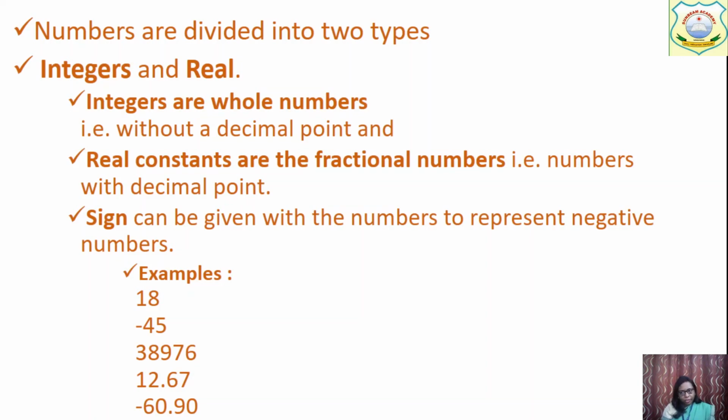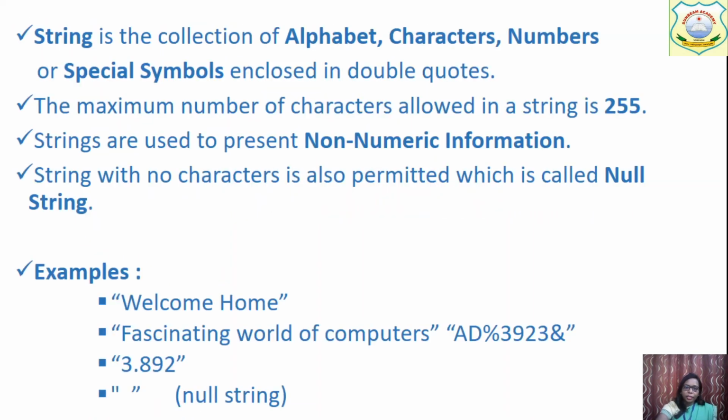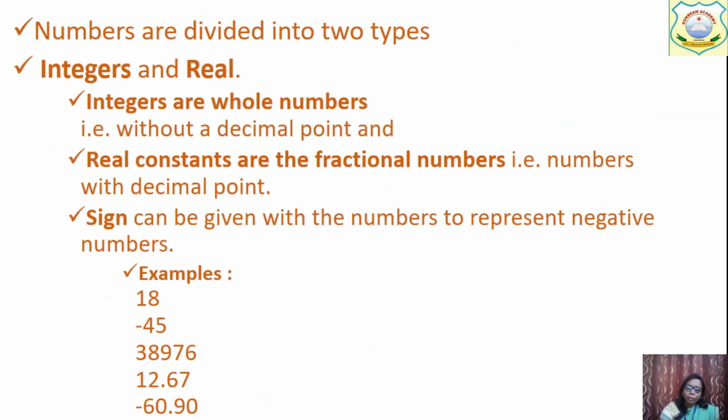Okay, let's look once again. We have two types of data in BASIC: string and numeric. String is non-numeric data, a collection of alphabets, characters, numbers, and the maximum number of characters is 255. Now we have numeric data, on which we can do mathematical calculation, and it is of two types, integers and real.